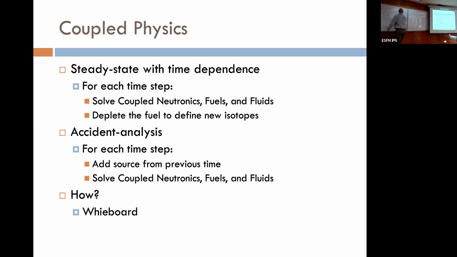This is going to be equal to 1 over k, 1 over 4 pi for all directions, chi, because that's the distribution in energy, so the fraction of fission neutrons that come in my group.